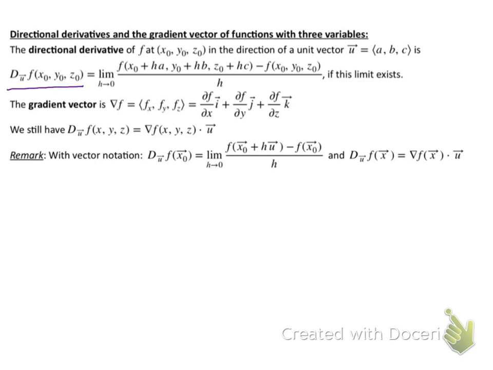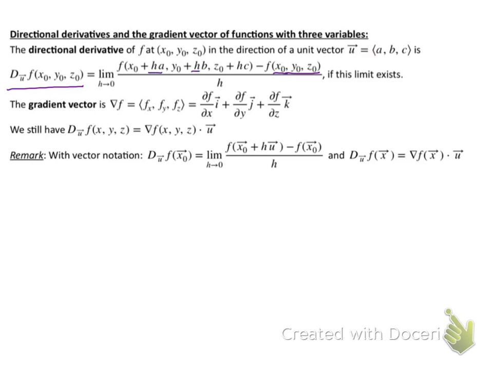Okay, the directional derivative in direction u of function f at the point x0, y0, z0 is: you go to the point x0, y0, z0. Then you go along the unit vector u, or the direction, a little bit. So you go a little bit, h.